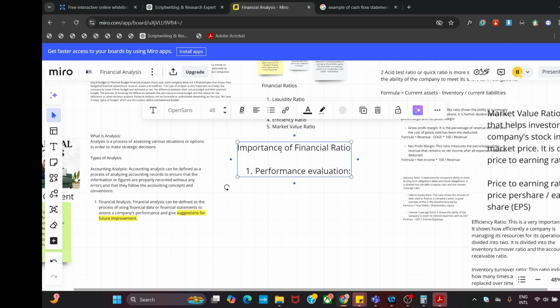These various ratios help a company understand its financial health at every given point in time, like the current ratio, which tells the company its ability to settle its short-term obligations with its short-term assets. So for performance evaluation, financial ratios provide a benchmark to assess a company's performance over time. Then the second importance, we can say, is risk assessment.